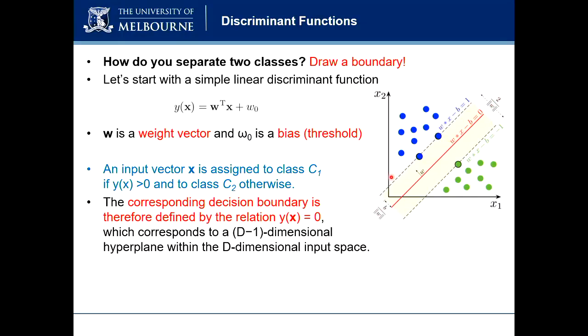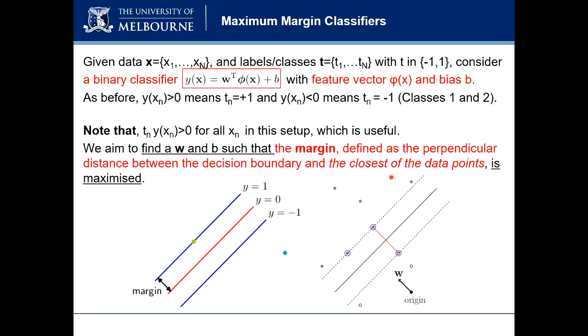That would still be valid. But what is the best one out of those? The idea was, why don't I maximize the margin and find the separating hyperplane that maximizes the margin. So we need to find the w and b after making the modeling choice phi, such that the margin, what is the margin?